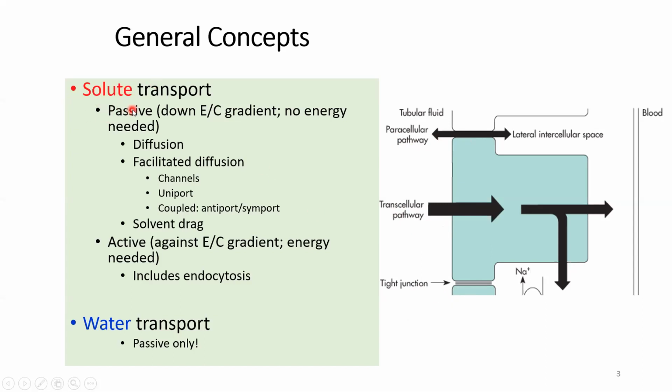So the general rule of solute transport is that solutes need assistance. They go through all sorts of different mechanisms. The passive ones being diffusion, facilitated diffusion. You know these things. These are basic stuff.